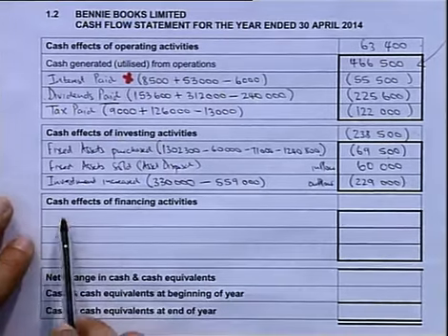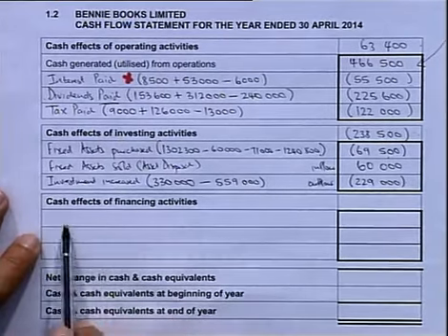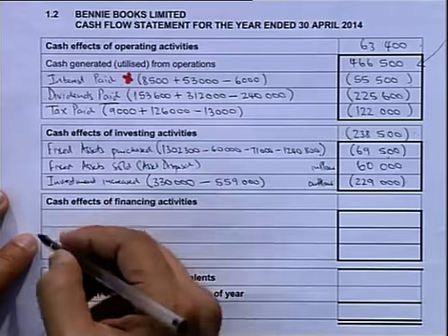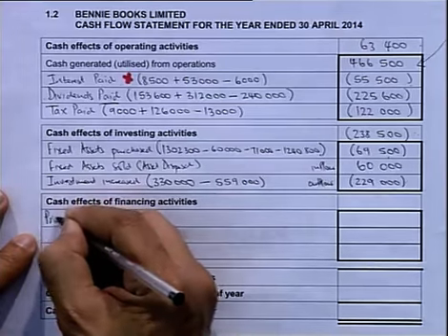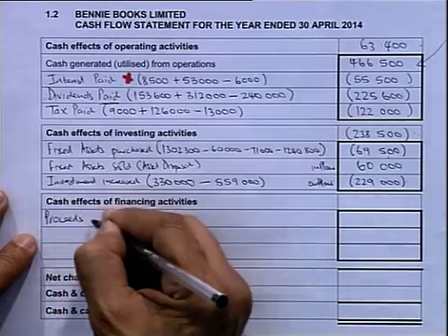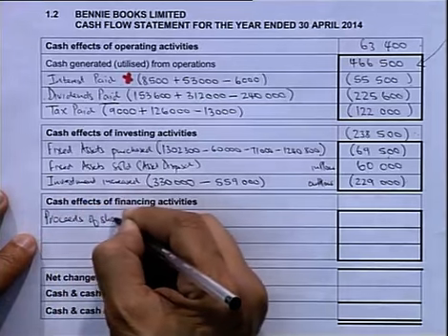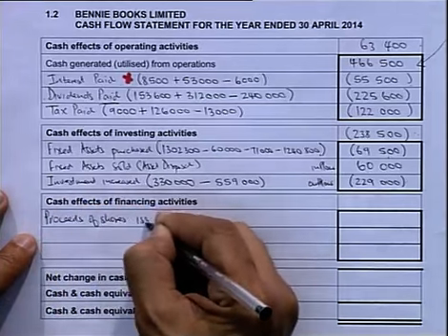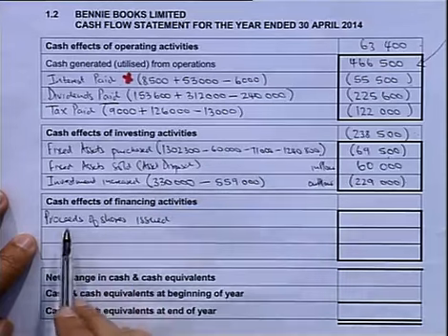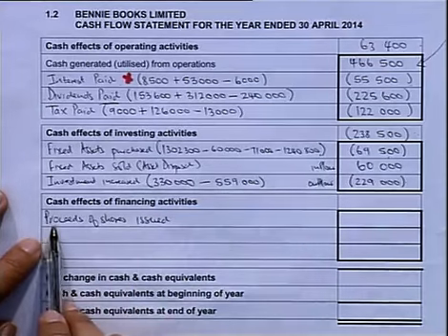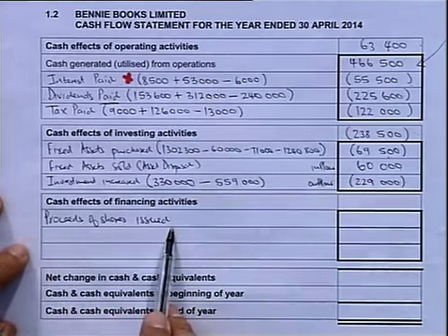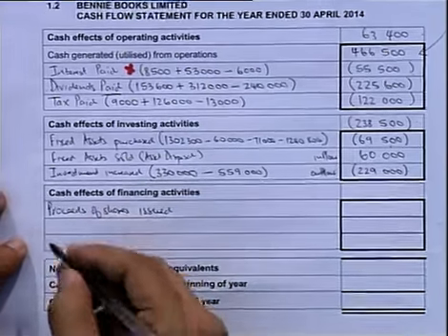Okay. Last section of the cash flow, again three lines. So it's going to be proceeds of shares issued, in other words, the amount of money that we received when we issued the extra shares.